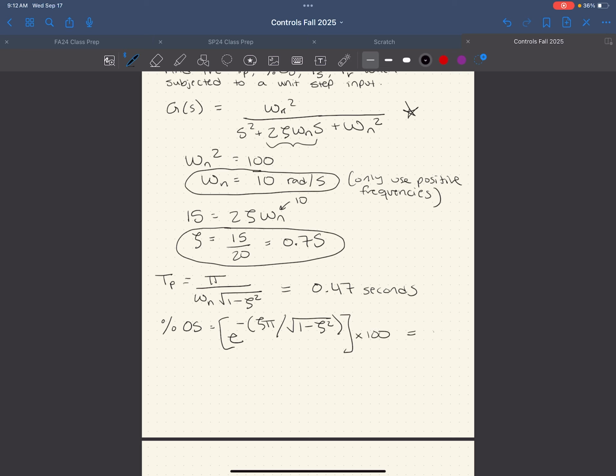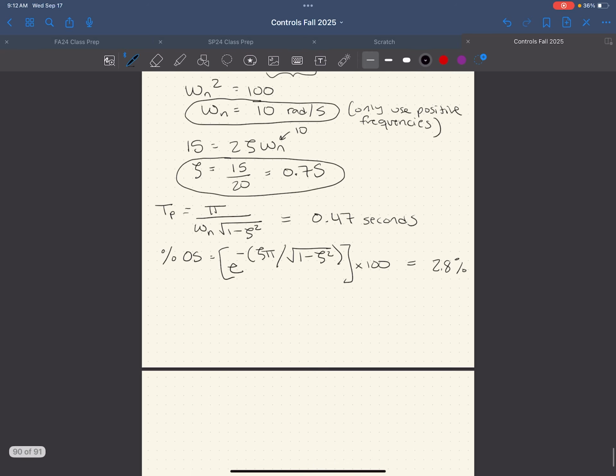Plug and chug, you should get 2.8%. My settling time was 4 over zeta omega n. You should get 0.53 seconds.